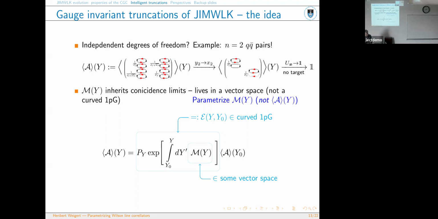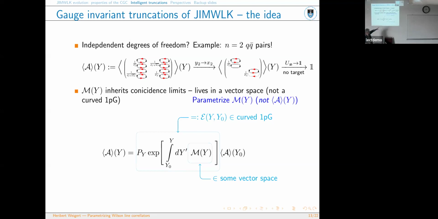And of course, this operator here falls into some 1 parameter group. That means I can break this up in bits and pieces and glue it together. Small pieces of evolution, of change going on, and that nicely becomes a group.